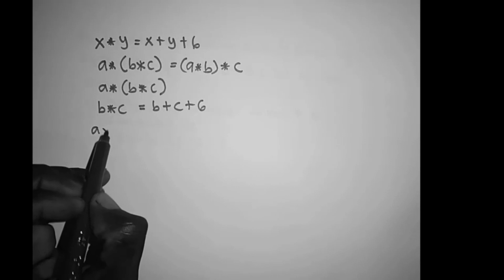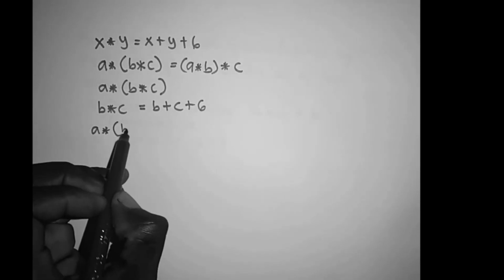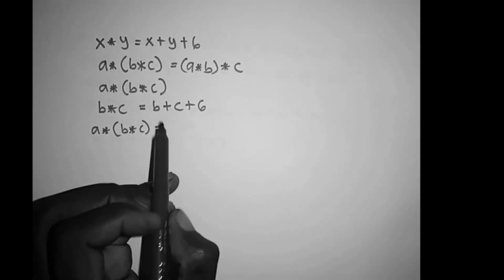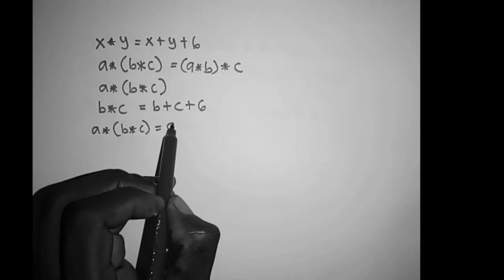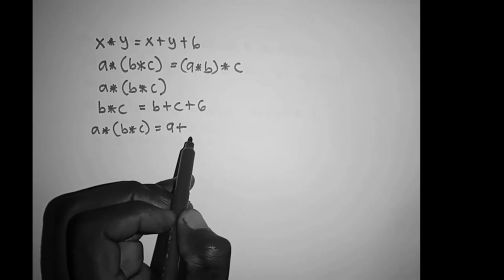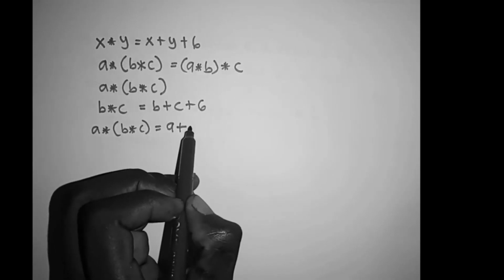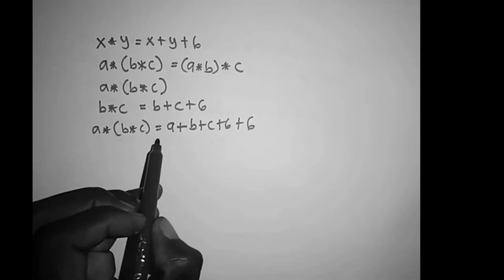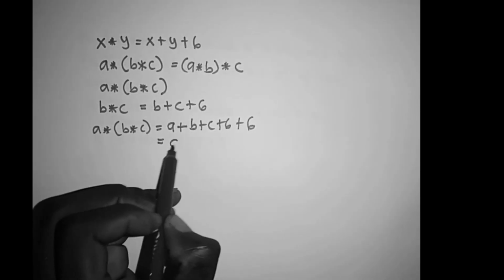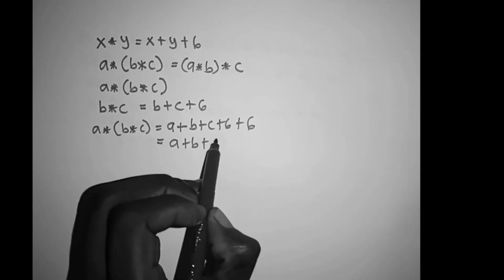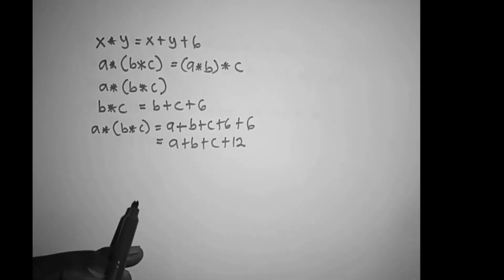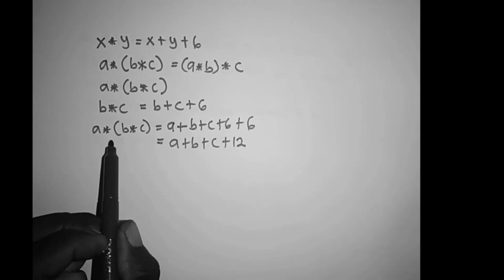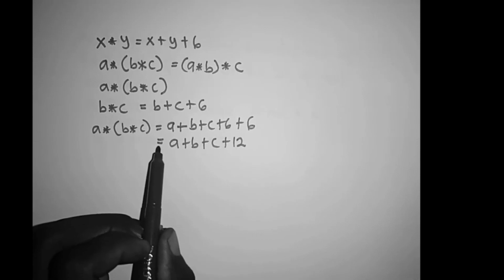So A operation B operation C equals A plus B plus C plus 6 plus 6. And this is equal to A plus B plus C plus 12. So this is the result for A operation into bracket B operation C.